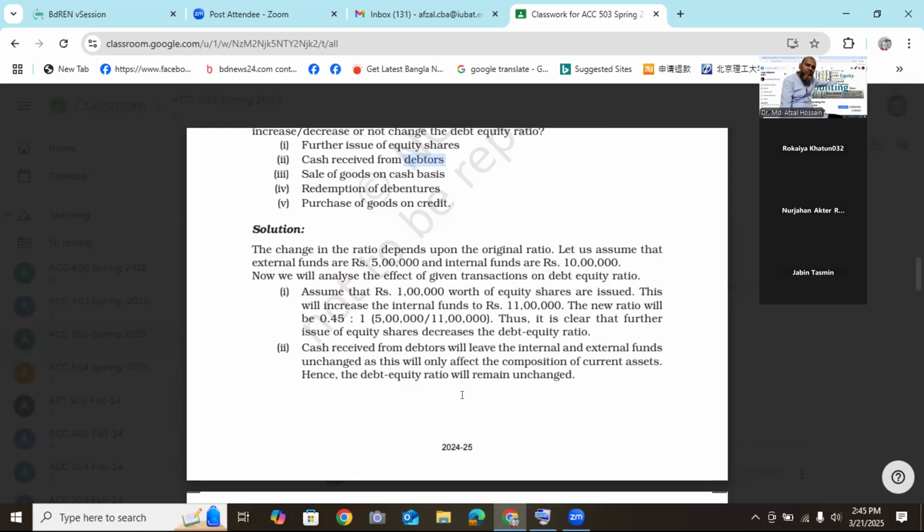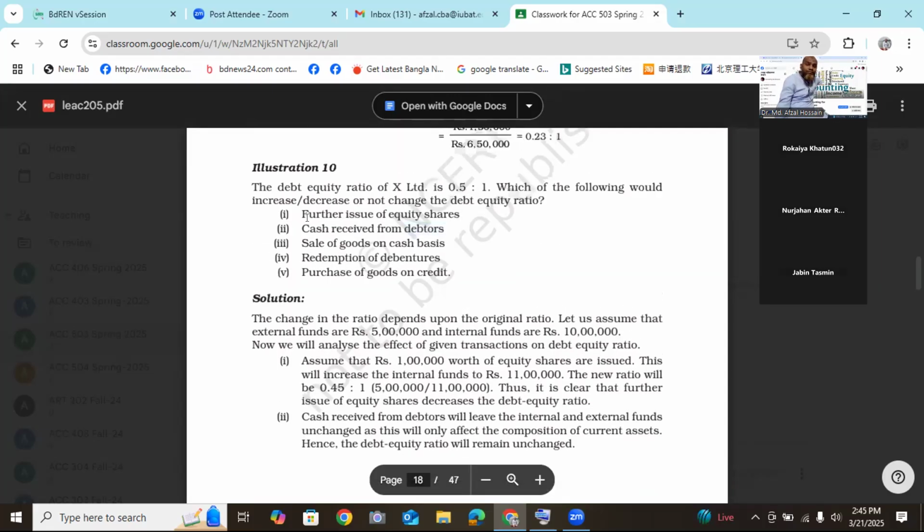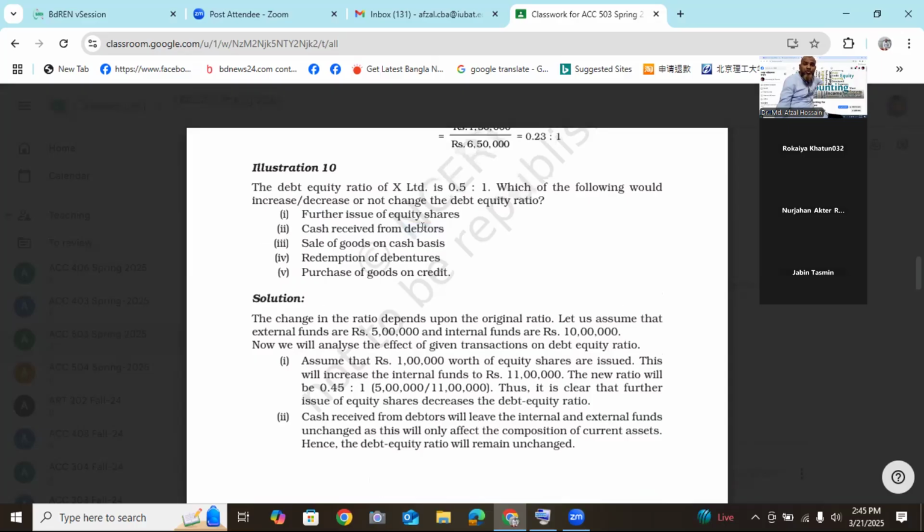You understand? Yes, sir. Debtors are short term.